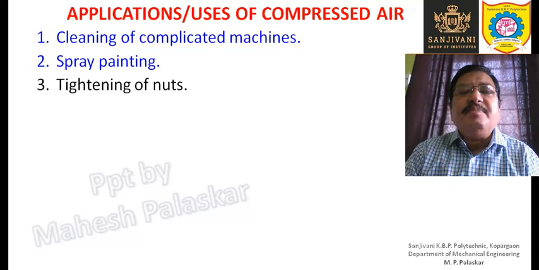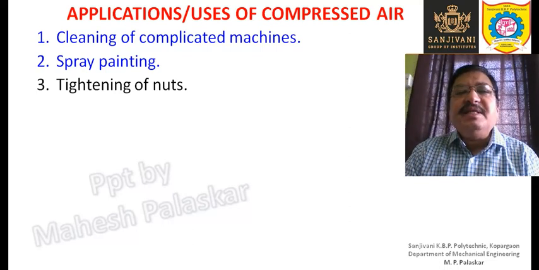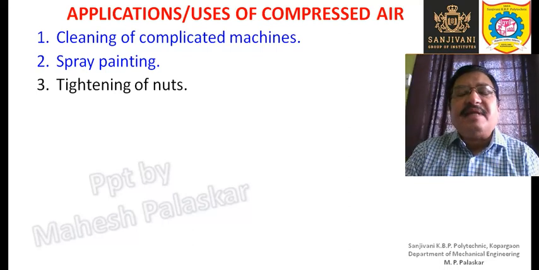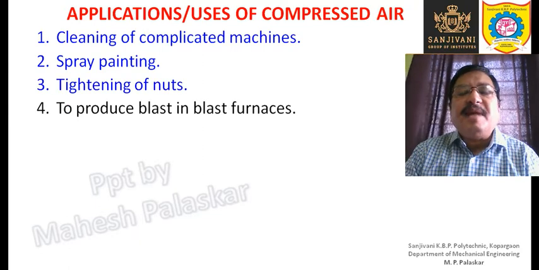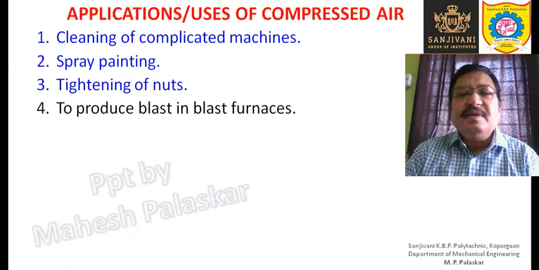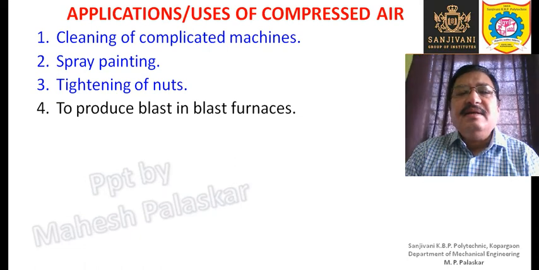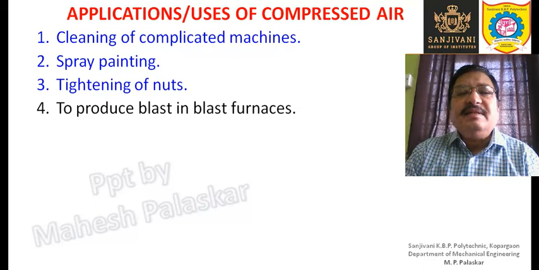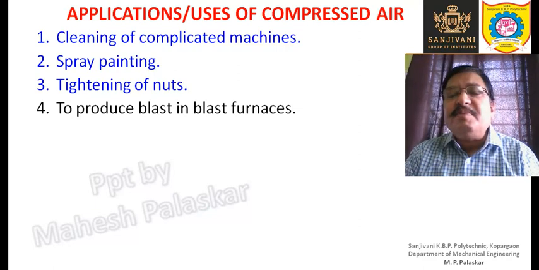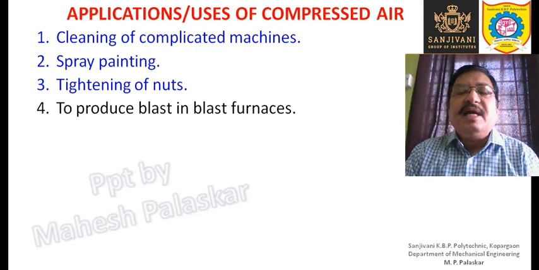So that is the important advantage of using the compressed air for tightening the nuts. Then, to produce blast in the blast furnaces: in order to run these furnaces, first of all we have to produce the blast. This blast cannot be produced without the help of the compressed air.